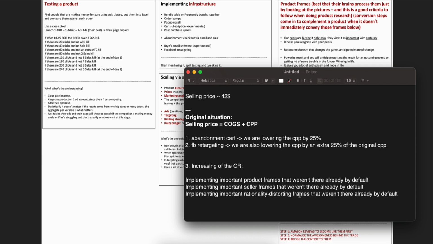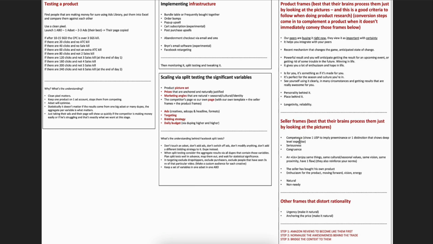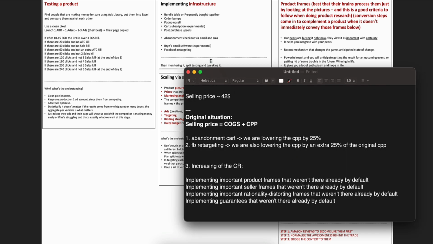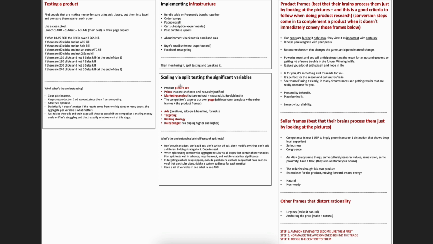So here we have scarcity, urgency, and anchoring the price. What else? Implementing guarantees that weren't there by default. So what else did we talk about in terms of frames? That's it.